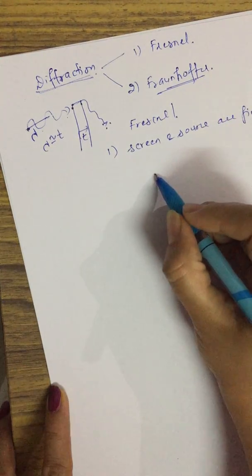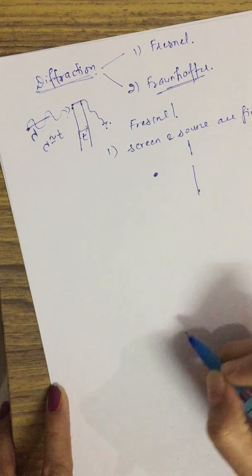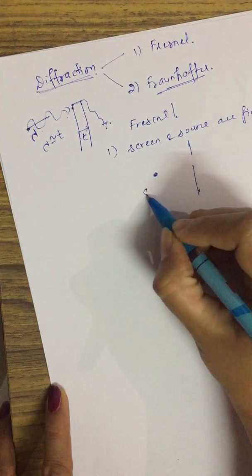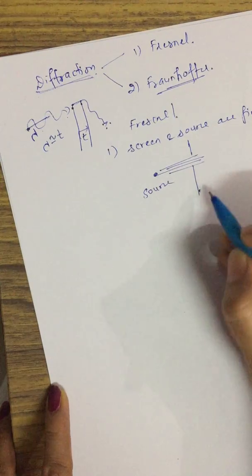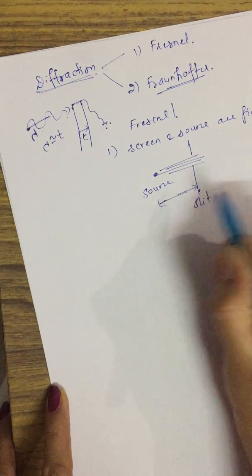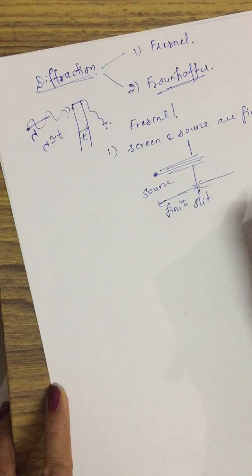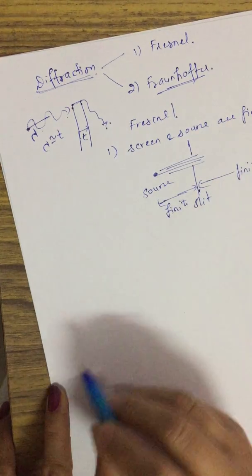It means if this is your screen and this is your obstacle, and the source is allowed to fall on the slit, the distance between the slit and the source is finite, as well as the distance between the slit and the screen.